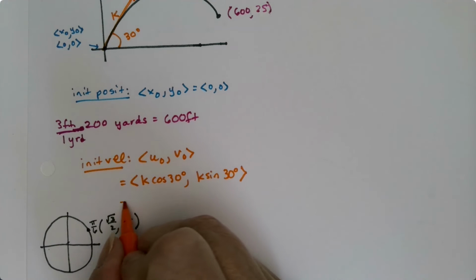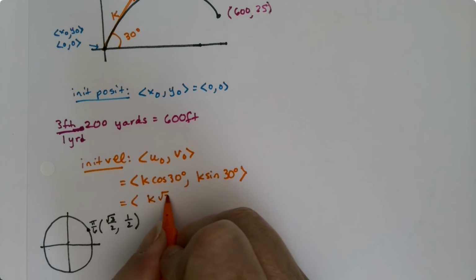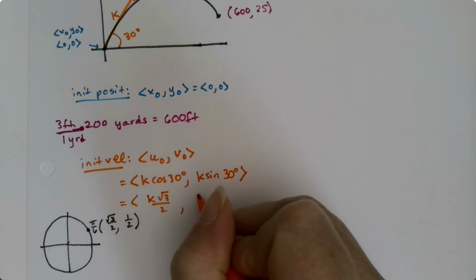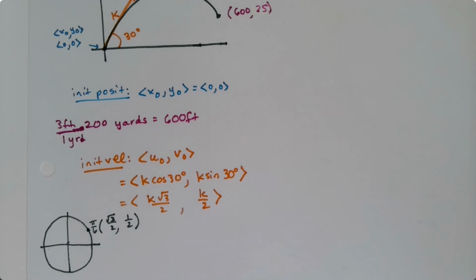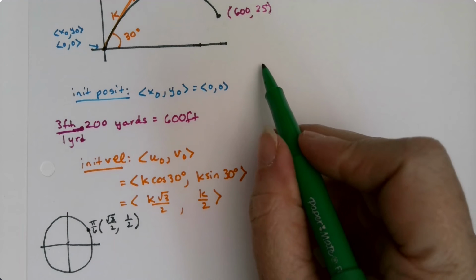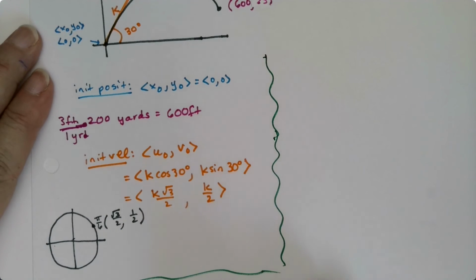All right, so this is really k times the square root of 3 over 2, and then this is k times a half, or k over 2. Well, that's going to make things easier because we actually have values. So I'm just going to segment this piece off. This was all of our work.